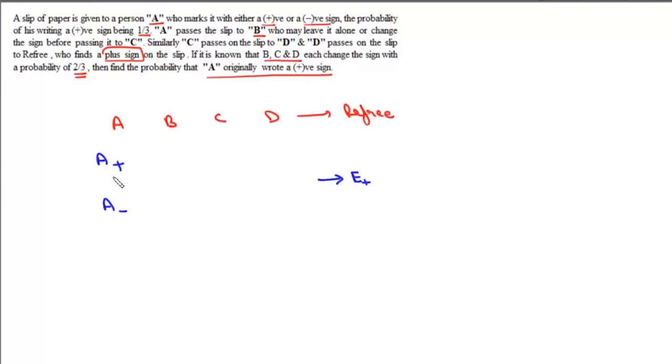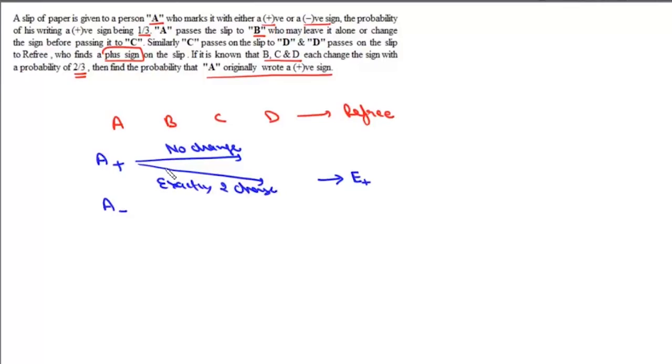Now if A starts with plus, then it will be a positive sign in two cases. Case 1, when each of B, C and D don't change the sign, or case 2, exactly 2 of them change the sign.